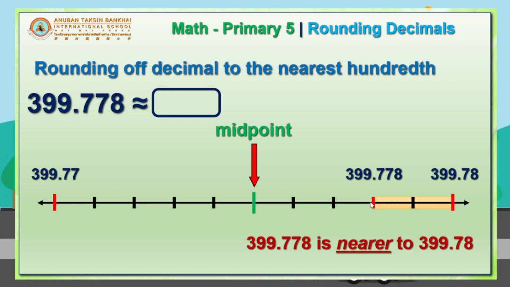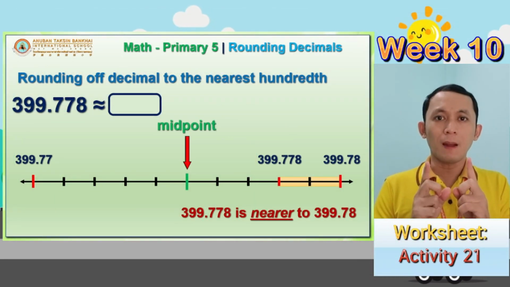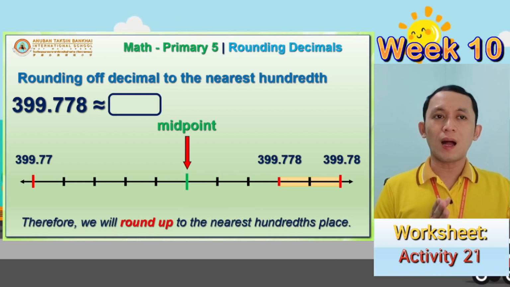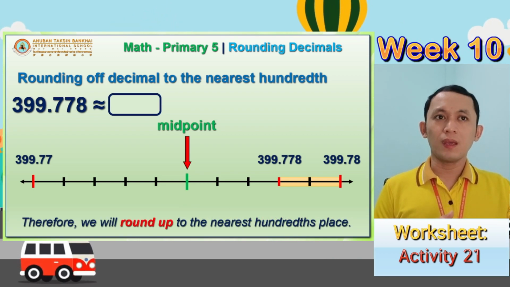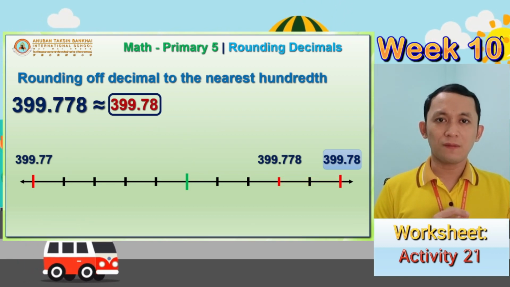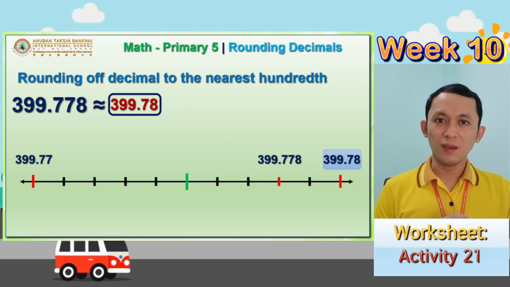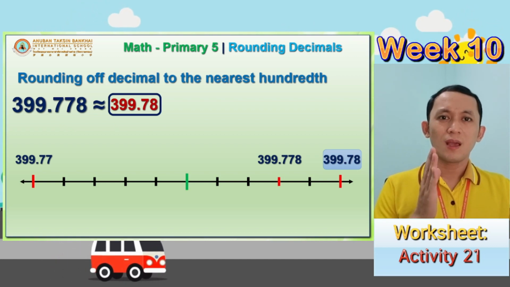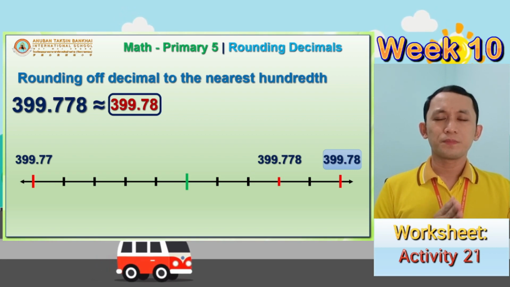So since that is nearer, the number is nearer on this side, we are going to round up. Okay, we are going to round up. So therefore our answer will then be 399.78. Okay, so that's very easy. I know you're familiar with this one already. Next, let's have another example.